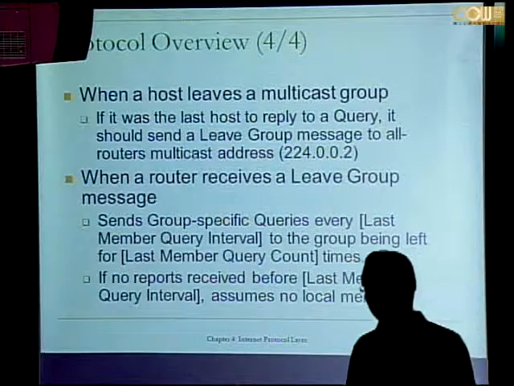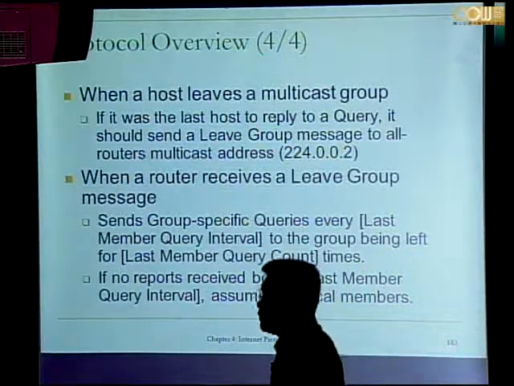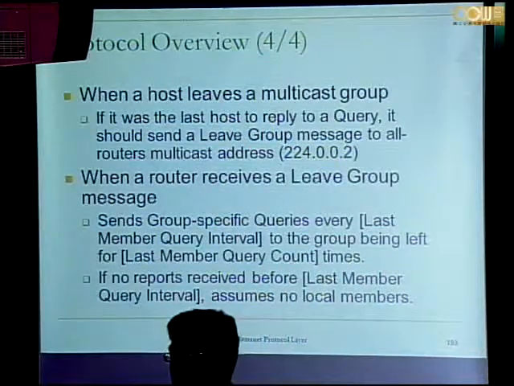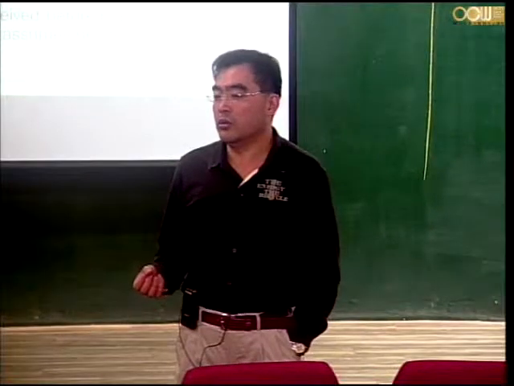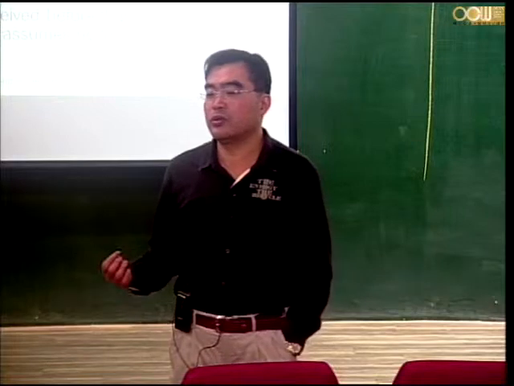So it would tell the router, I'm leaving this group. But can the router remove the group membership information immediately? No, because there might be other hosts belonging to the same multicast group.